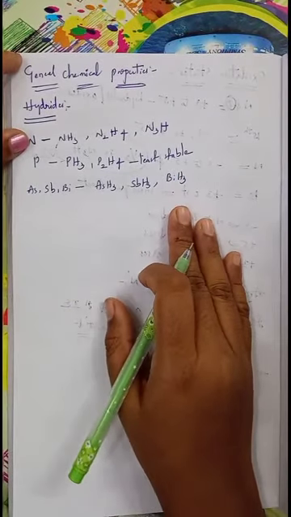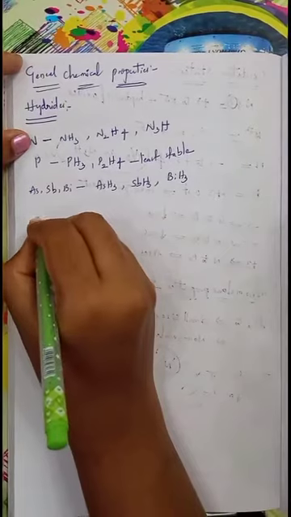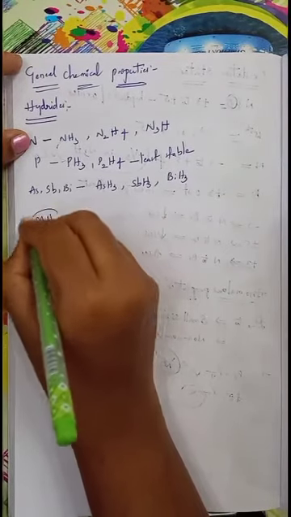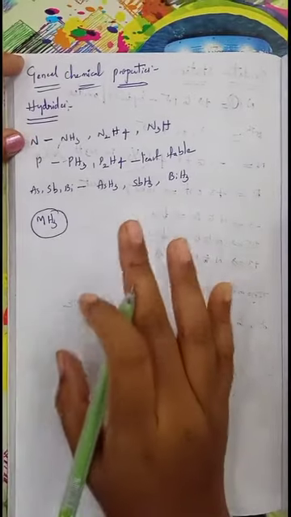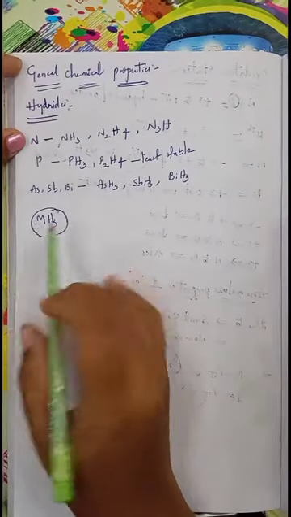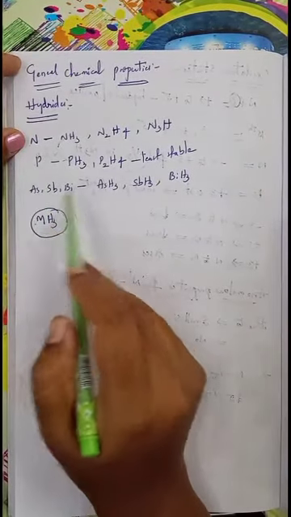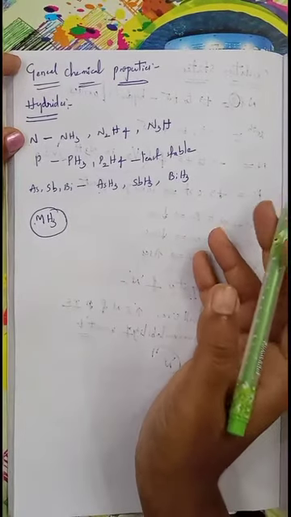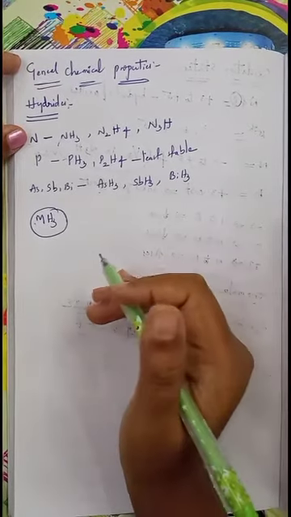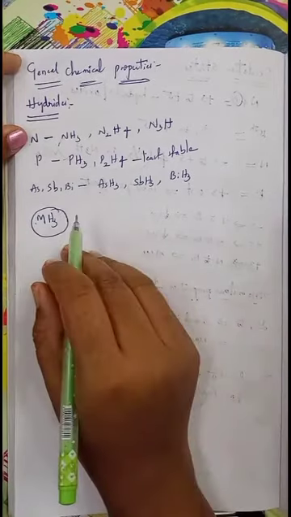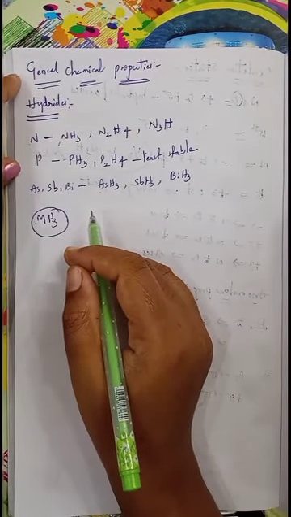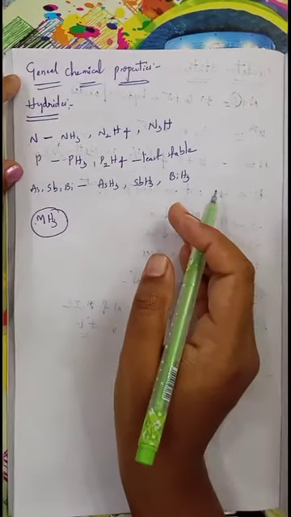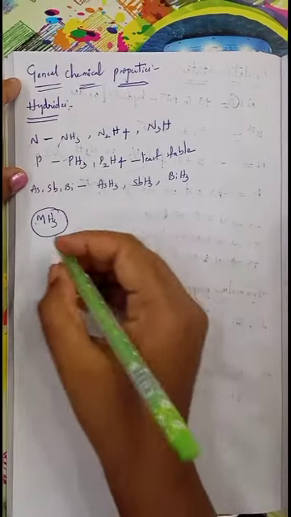That means the common type of hydride shown by these group elements is MH3. MH3 type of hydrides can be shown by 15th group elements. In place of M, you can place nitrogen, phosphorus, arsenic, antimony or bismuth. Except NH3, all the remaining hydrides are poisonous.